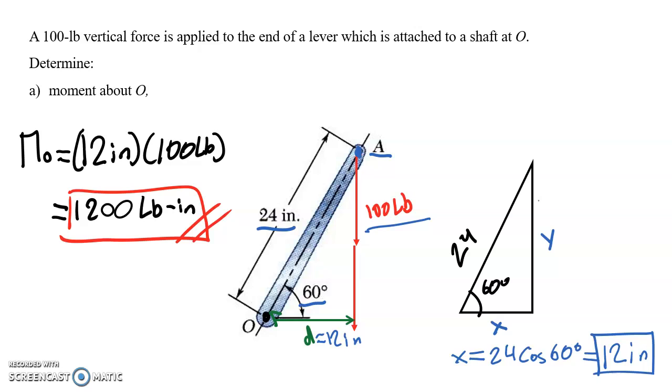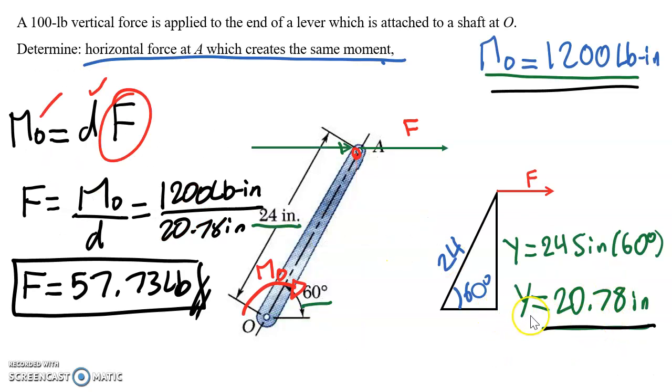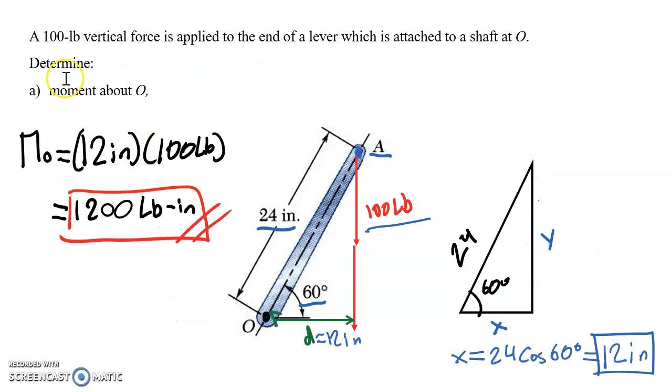Then for the second one, with the horizontal force, we got a vertical distance perpendicular to F of 20.78. As you see, the distance increased, and when the distance increased, the value of the force actually decreased.